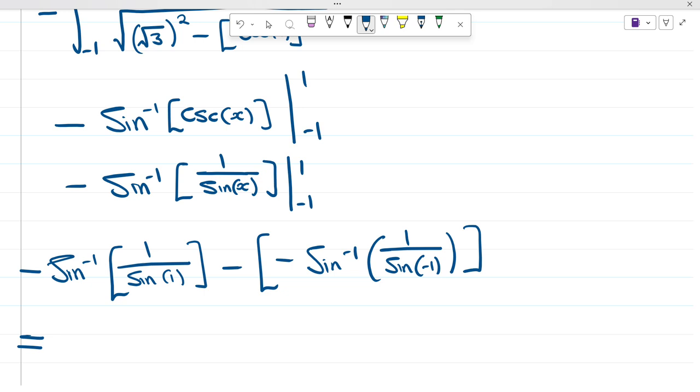There I'm getting negative sine inverse of 1 over sine 1 plus sine inverse of 1 over sine 1. Another thing, you should make sure your calculator is in radians for you to be able to get the answers that we'll be getting.